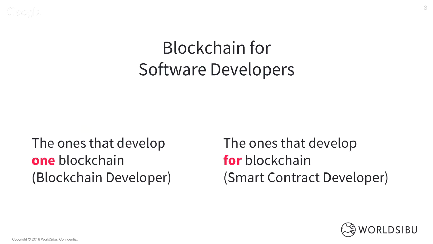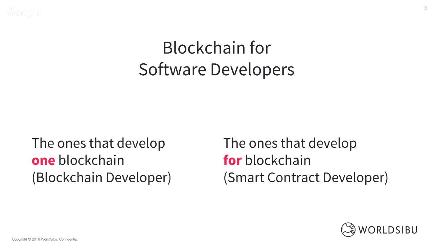One is the one that develops a blockchain technology. For example, the people that create Ethereum, Fabric, and Burrow are all blockchain technologies, and those are blockchain developers. But we focus mostly on the ones that develop for a blockchain.